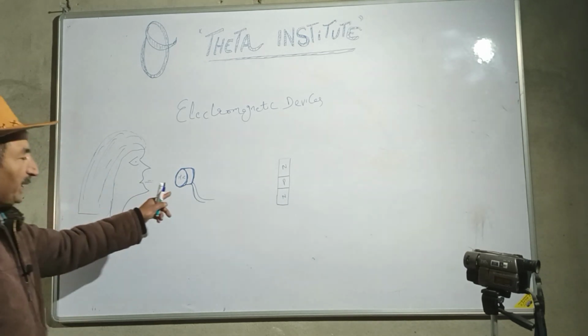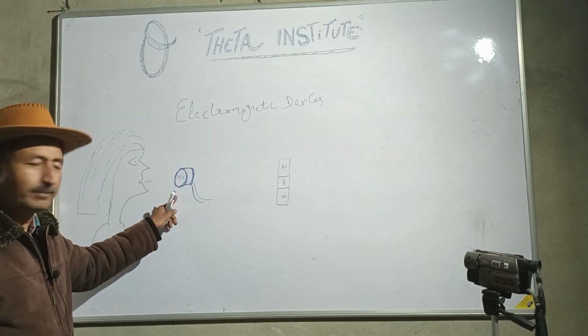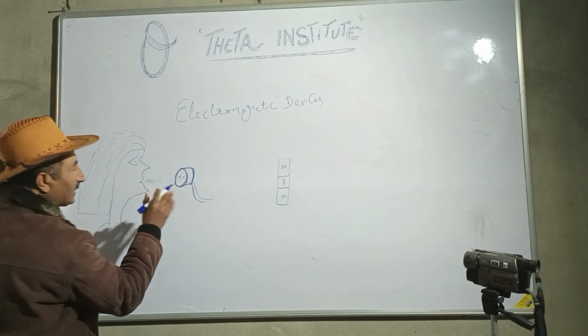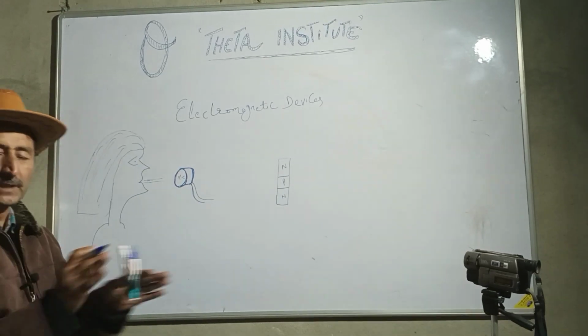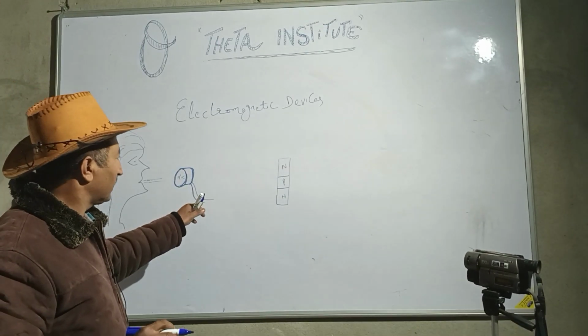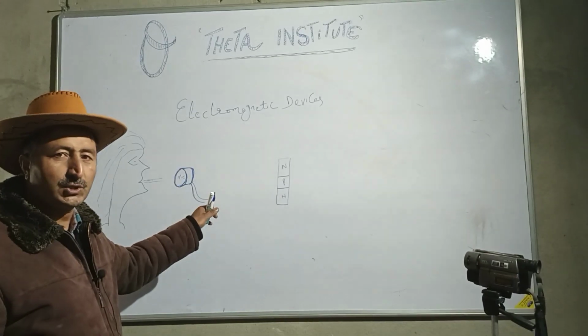When she speaks here, what happens? The piezoelectric crystal gets compressed, relaxed according to her voice, and accordingly, signal is transmitted through these two wires.